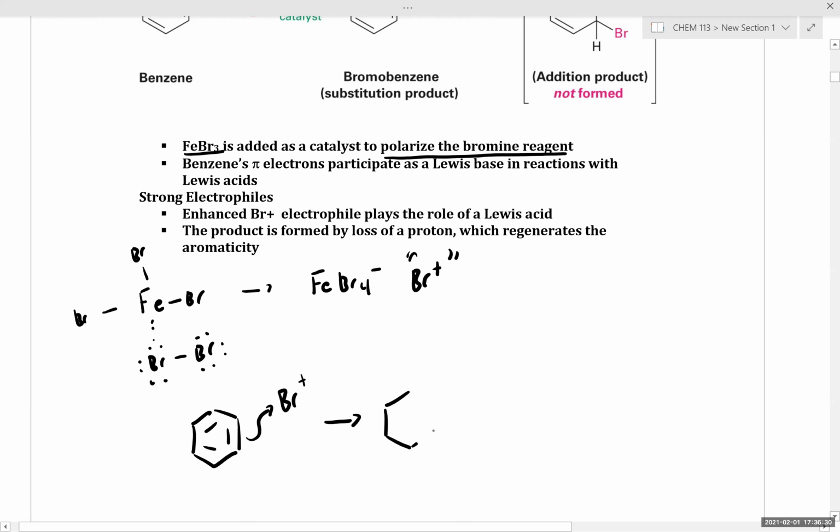We in turn are going to generate our bromine adduct and a carbocation.